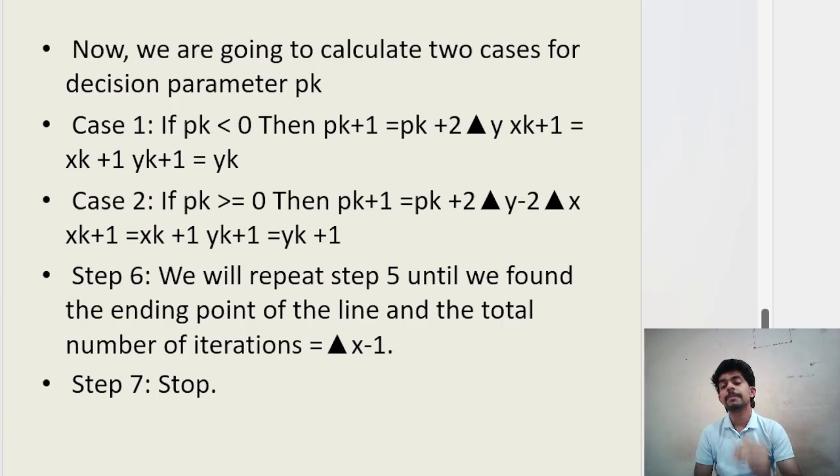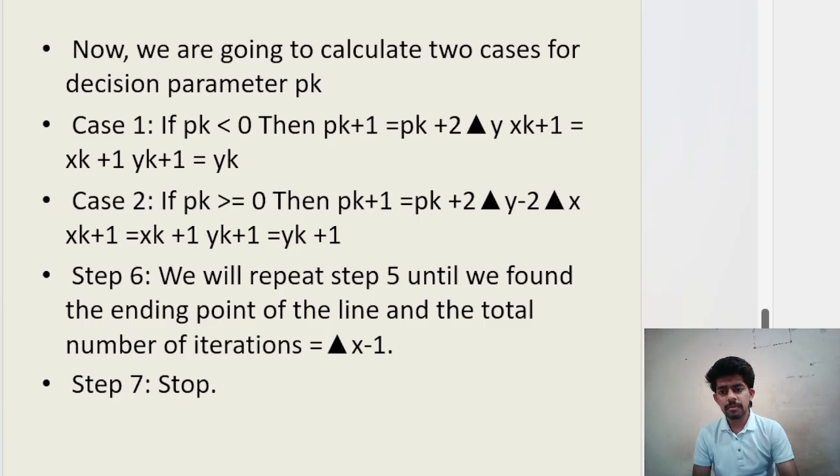Now the value of pk will define the further proceeding. Case 1, if pk is less than 0, then pk plus 1 equals pk plus 2 delta y, xk plus 1 equals xk plus 1, yk plus 1 equals yk. Case 2, if pk is greater than or equal to 0, then pk plus 1 equals pk plus 2 delta y minus 2 delta x, xk plus 1 equals xk plus 1, yk plus 1 equals yk plus 1.